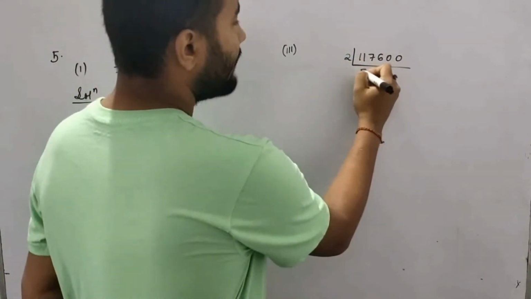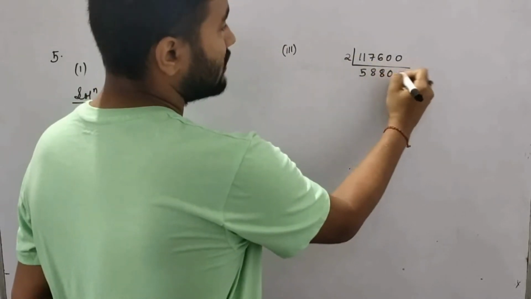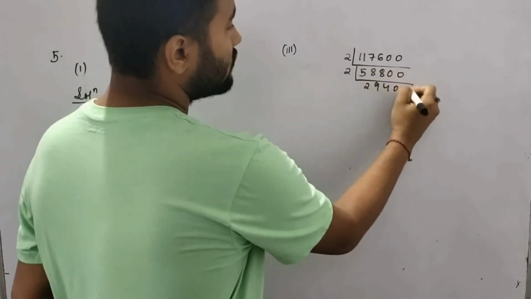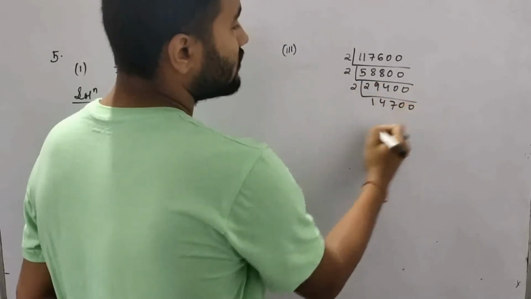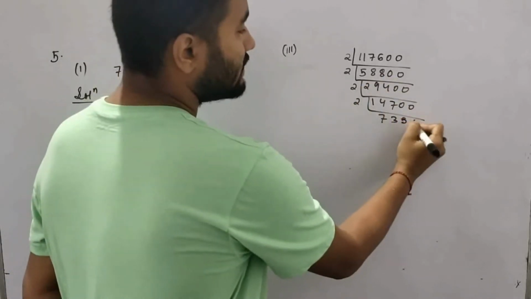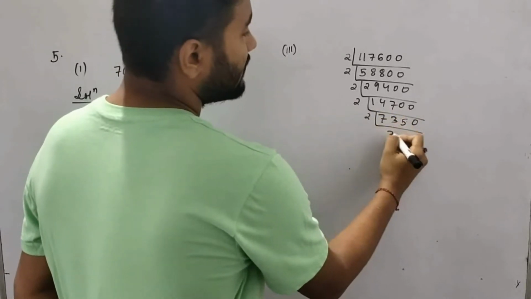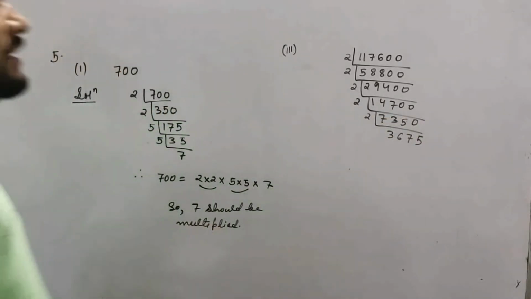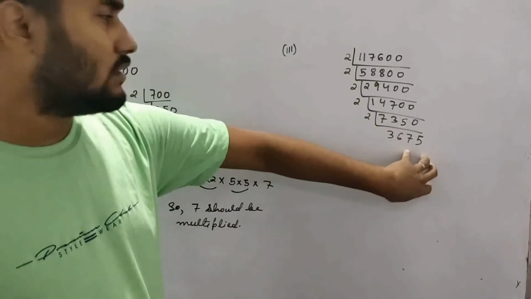Dividing by 2 repeatedly: 2 5s are 10, 2 8s are 16, giving 58800; then 29400; then 14700; then 7350; then 3675. Now it is not divisible by 2 anymore because it is an odd number.